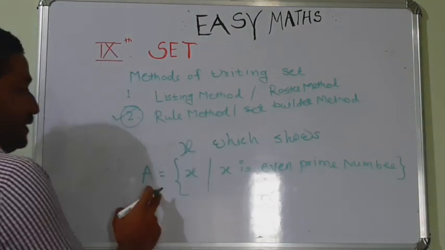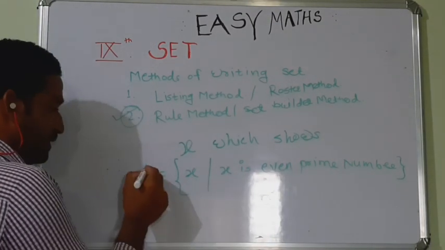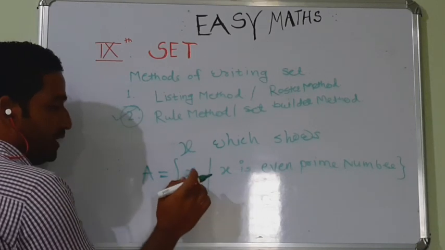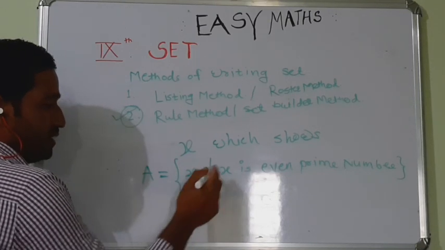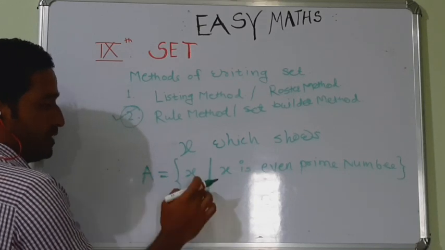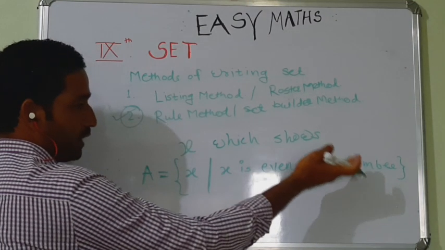This set can be read as set A equals all the elements x in the set such that x is an even prime number.